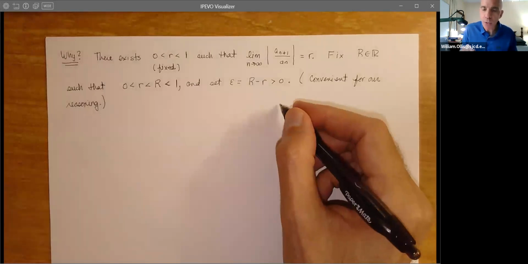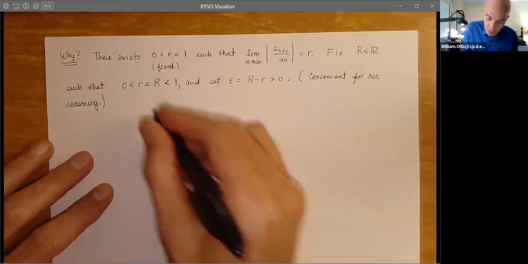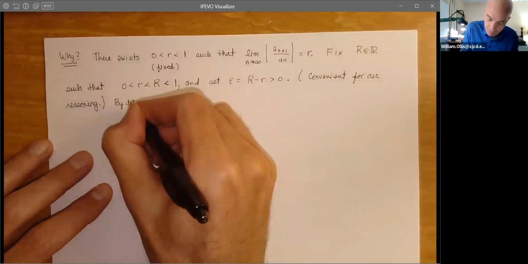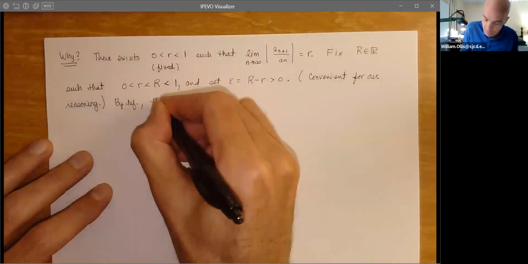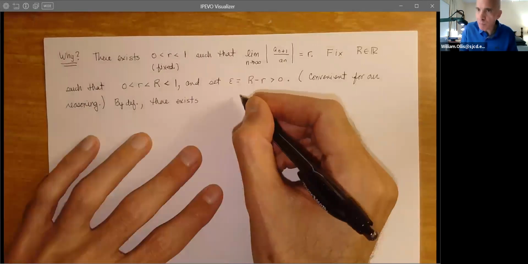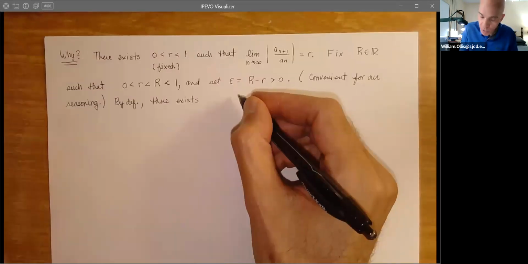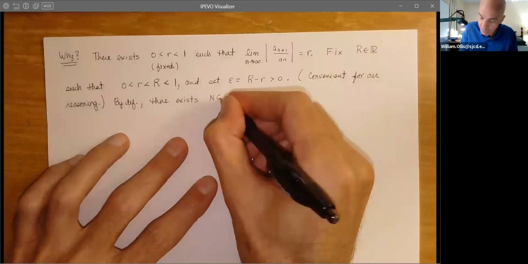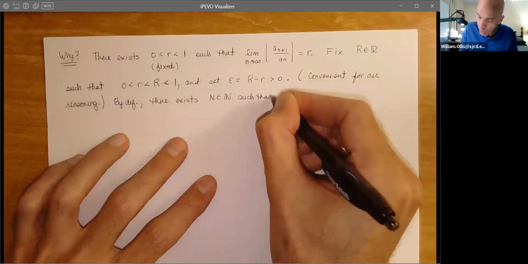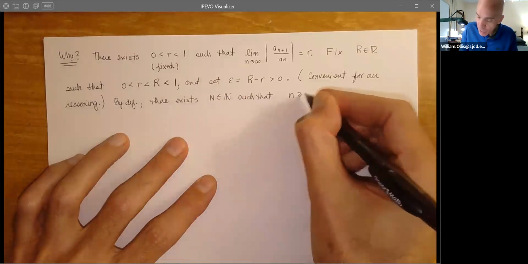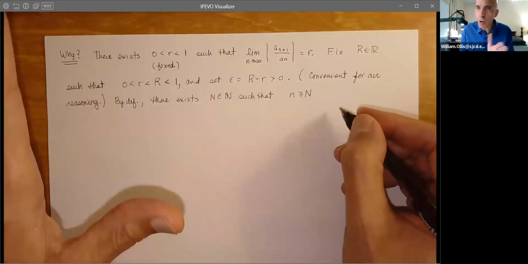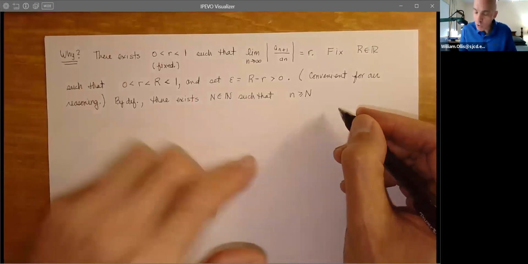So now what we want to do is apply the definition of limit. This limit exists, so by definition, there exists, and we're going to have a greater than or equal to because we can be flexible with that, let's just pick an N for which we know this works. There exists some natural number N such that when n is at least big N, so we've got this tolerance, we could have greater than or equal to, go out far enough so we can start with a natural number that works.